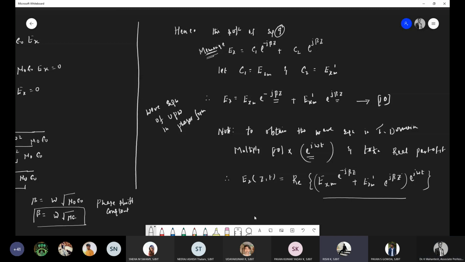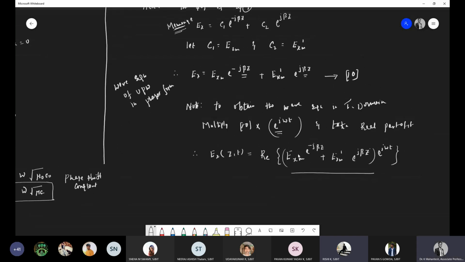You would get the final wave equation for uniform plane waves in time domain as Ex of z comma t is equal to Exm cos of omega t minus beta z.